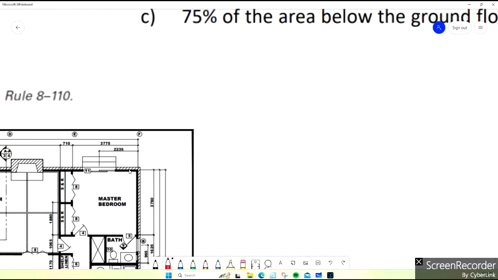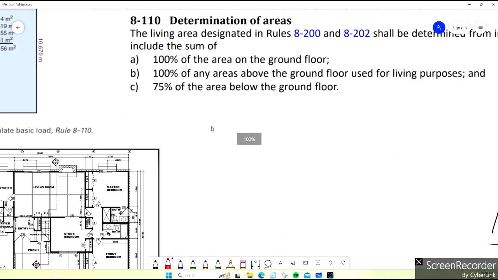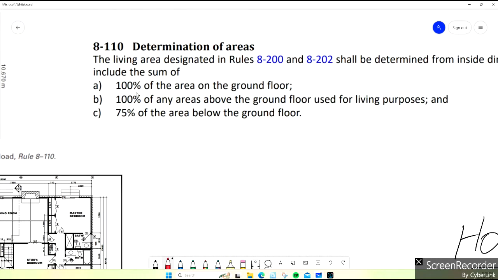So you don't include the foundation, and you include the sum of 100% of the area of the ground floor, inside dimensions, plus 100% of any areas above the ground floor used for living purposes, so not an attic, again using inside dimensions.